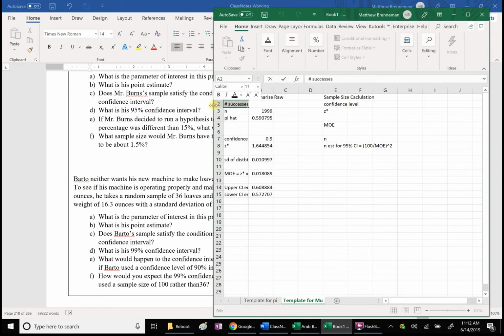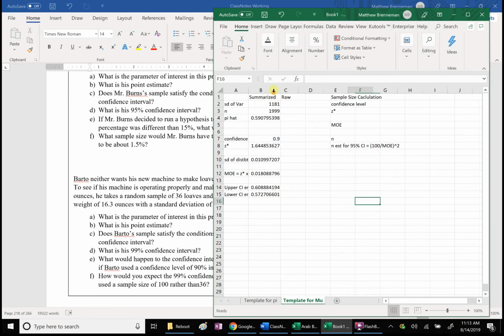Here I'm going to need the standard deviation of my variable. And again, I'm going to have both a calculation for a summarized data set and a raw data set. I'm going to have the sample size. Here my estimator is not the sample proportion, it's the sample mean.